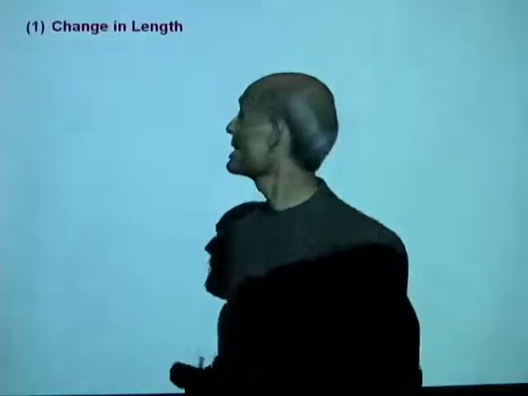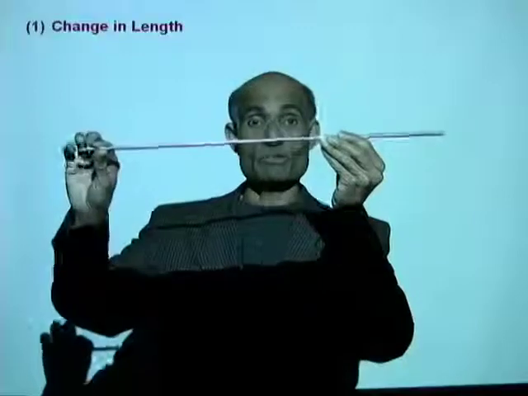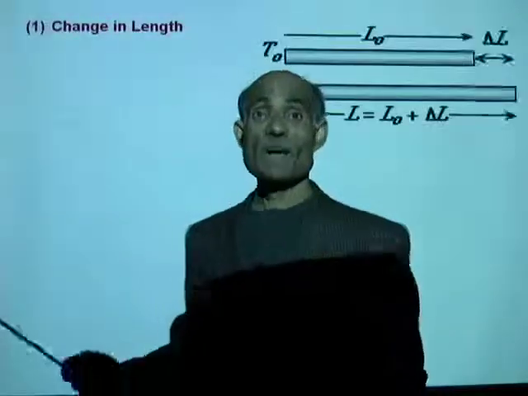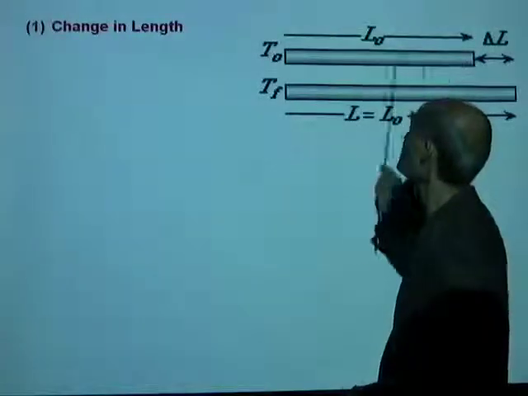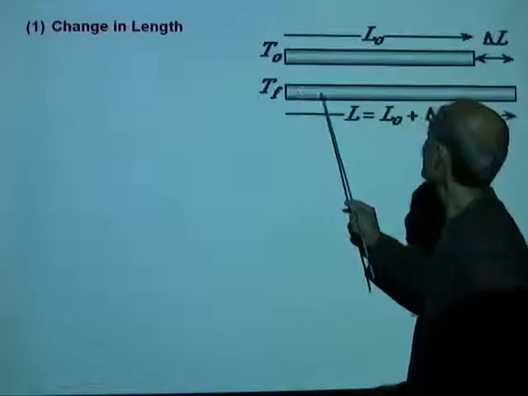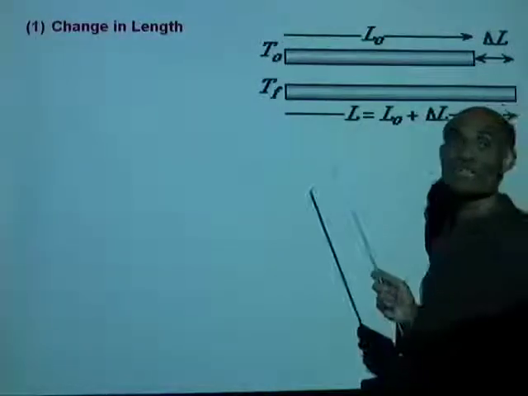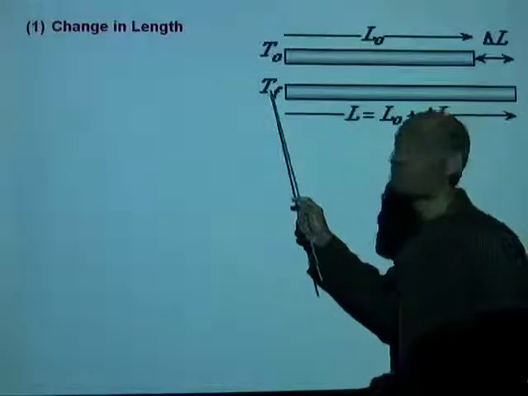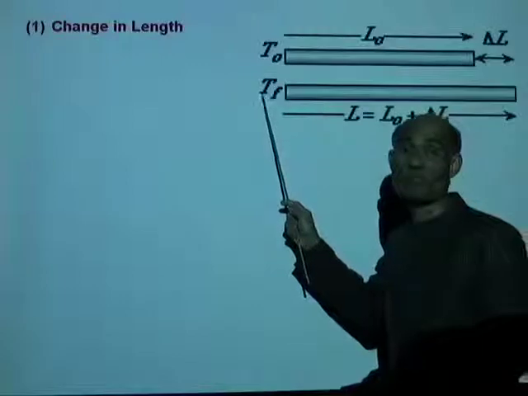Let's start looking at the change in length when heat is supplied to an object in the form of a rod. Here I have a rod of original length L0 at a temperature T0, and its length increases by a small quantity delta L when the temperature is increased to TF.